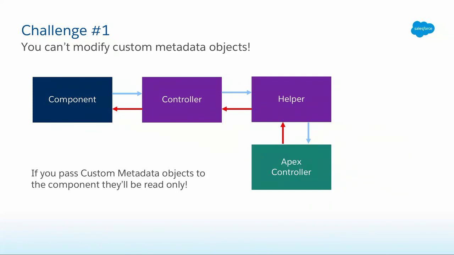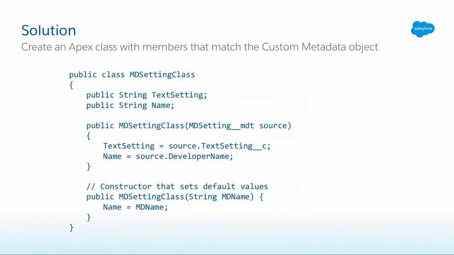So the solution right now is something many of you have seen before, which is a wrapper. What you do is you create a class, and you have various fields or properties of the class that reflect the custom metadata fields and values. And you might initialize this record by passing it an instance of the record.